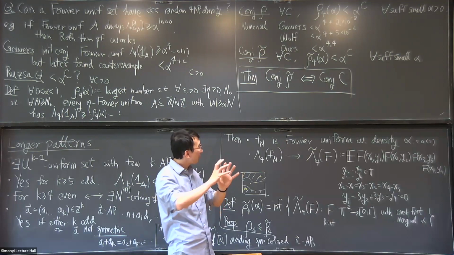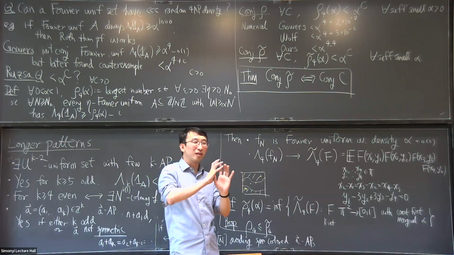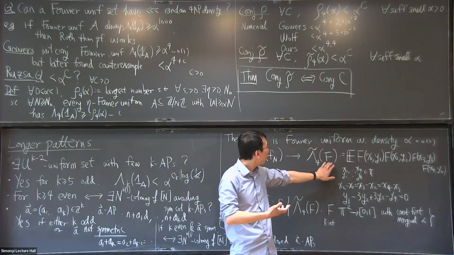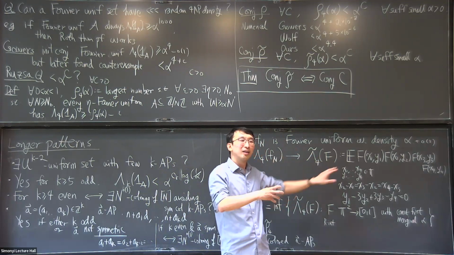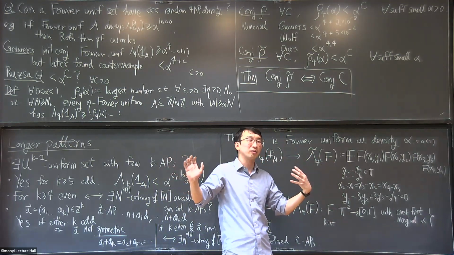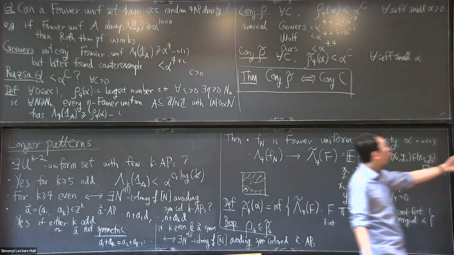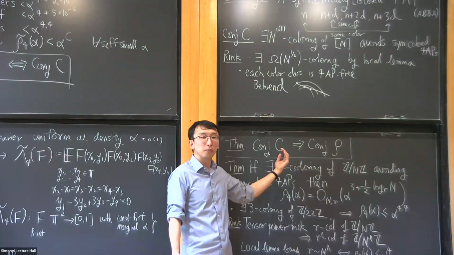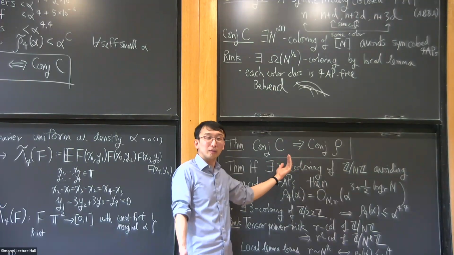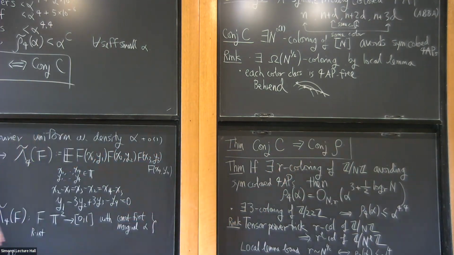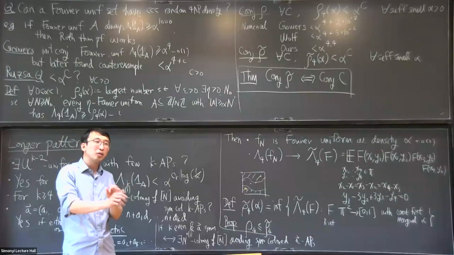So we don't know if there is an F, it's not necessarily the case that you can always get an F from a sequence of constructions. And that's roughly the reason why we don't know a full converse to this conjecture. We thought we had a full converse, and then we realized that we kind of misunderstood what the Candela-Sisask paper was about.